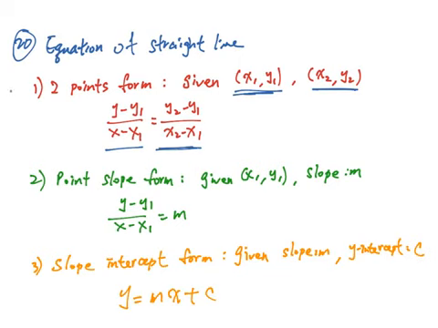Next is called point slope form. Given 1 point and the slope, y minus y1 over x minus x1 equal to m, the slope. The last one is the slope intercept form. That means given the slope and y-intercept c, y equals slope x plus c, the y-intercept.